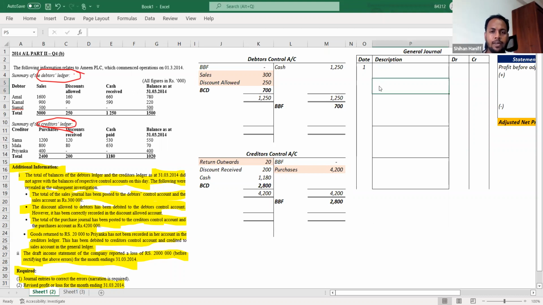So how do you correct it? Both debtors control account and the sales account balance is wrong. So we have to correct both the accounts. Can someone tell me?